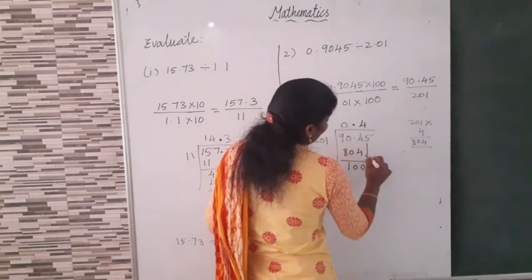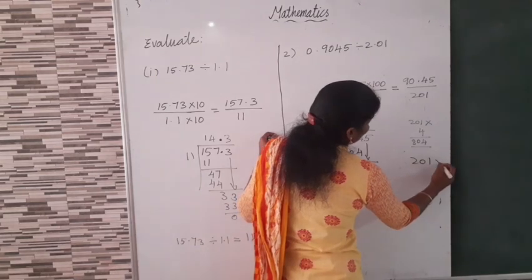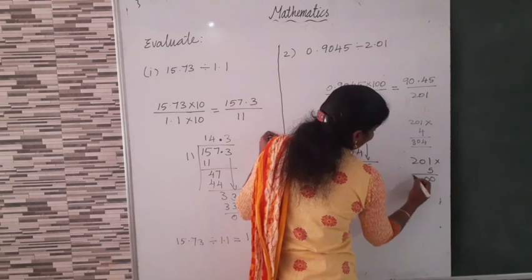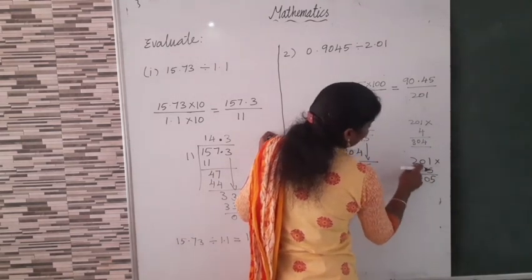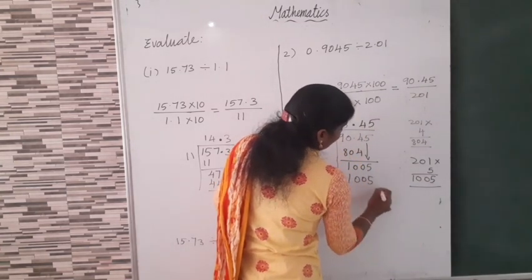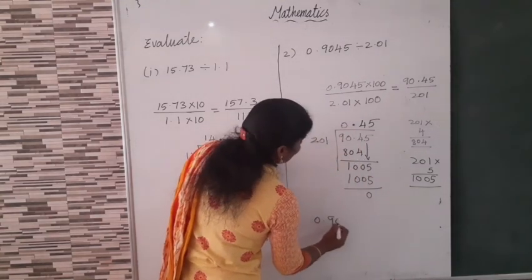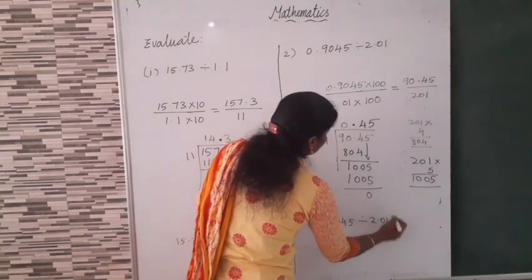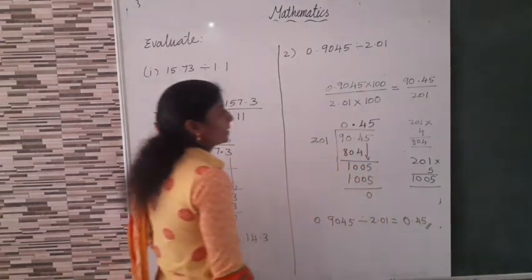Now the next digit 5. Then 5 times 201: 5 2s are 10, 1005. So 5 times 1005. Okay, 0. So what's the answer? 0.9045 divided by 2.01 is equal to 0.45 is the answer. Clear?